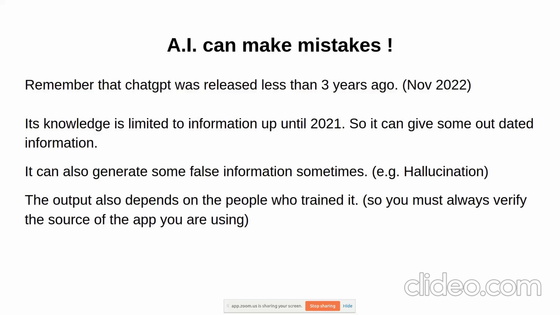And then you must also remember that AI can make mistakes. As we said, ChatGPT was released just in 2022, which is less than 3 years ago. It was in November 2022, and we are in February 2025, so it's still less than 3 years now.